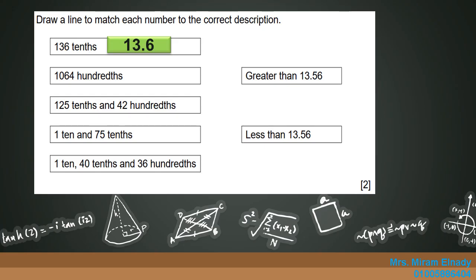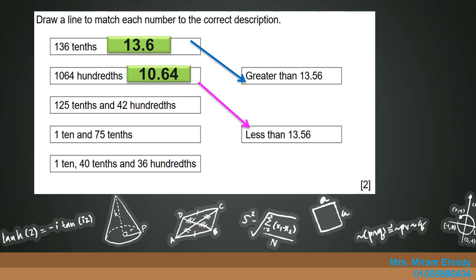When we compare decimal numbers, 13.6 is greater than 13.56. What about 1064 hundredths? It means that the last digit, which is 4, must be in the hundredths place. So the number will be written as 10.64, which is less than 13.56.